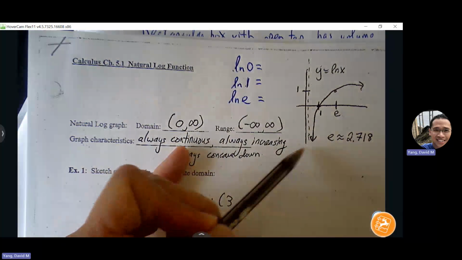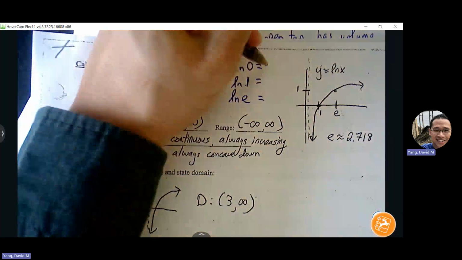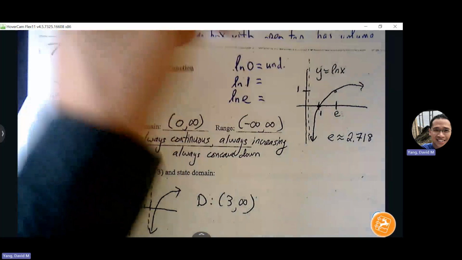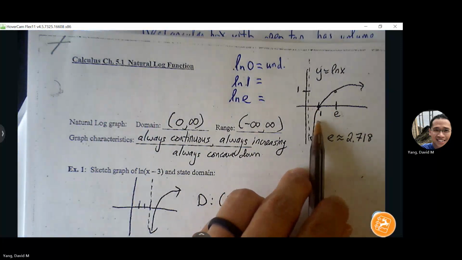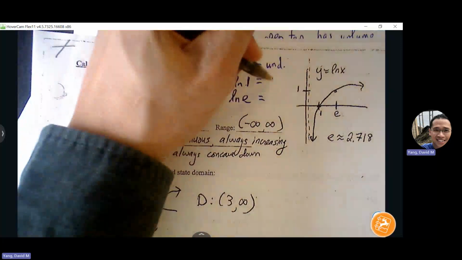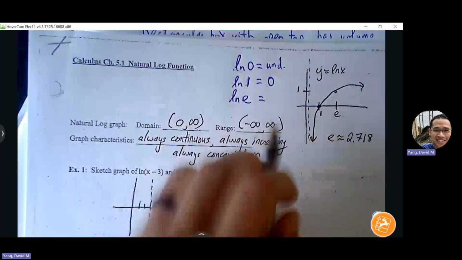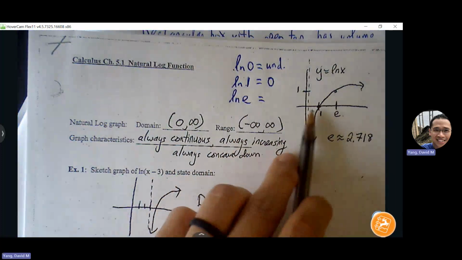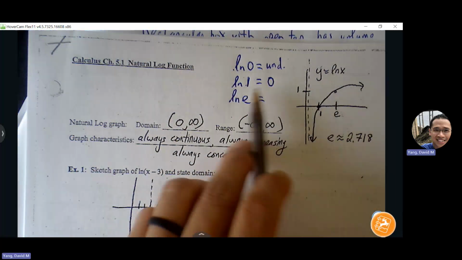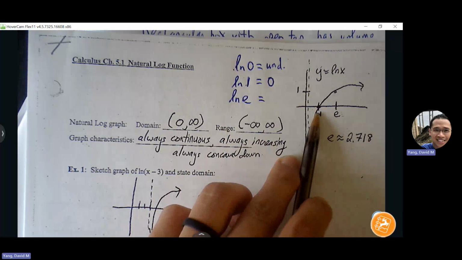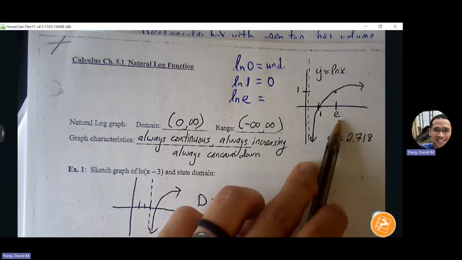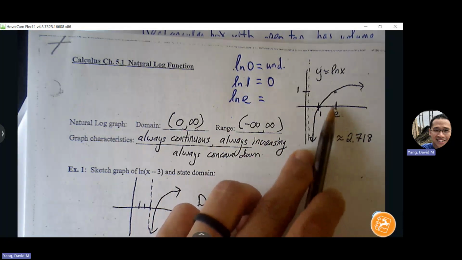So natural log of 0, in this case, is undefined, and that's also a property of natural log. Natural log of 1 is what? 0. That's an important property that if you visualize the graph in front of you, then this property just comes from the graph. And natural log of e is equal to what?